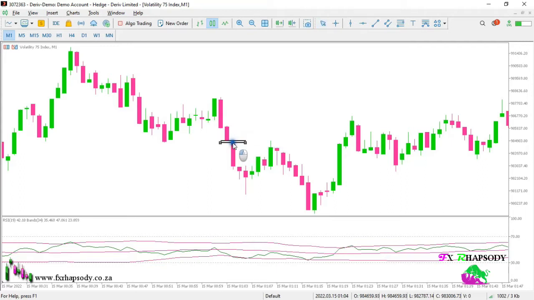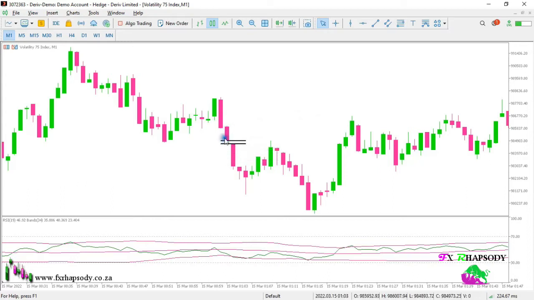There we go. You can only see this not on your TradingView, but you need to look at your MT5 platform to see these gaps forming on the 1 minute. So basically, as you can see, there's a gap between the two candles on the 1 minute.